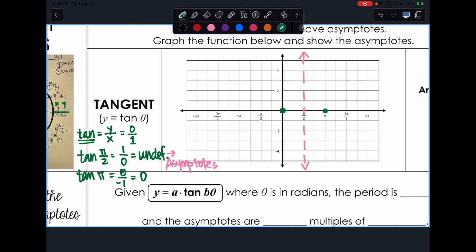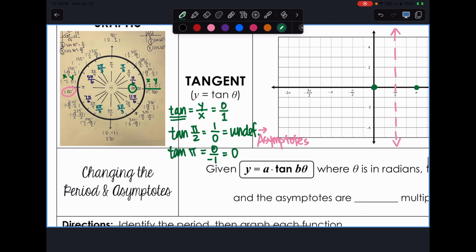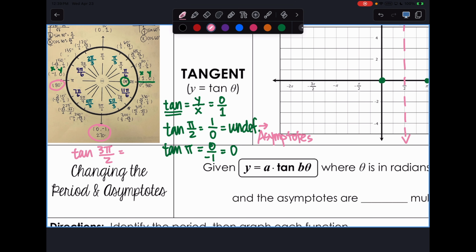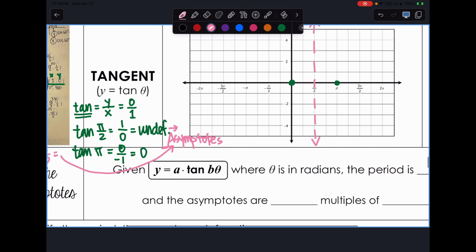Here's my 0. Right? And then, what is the tangent of 3 pi over 2? -1 over 0, which would be undefined again, which means I have asymptotes again.